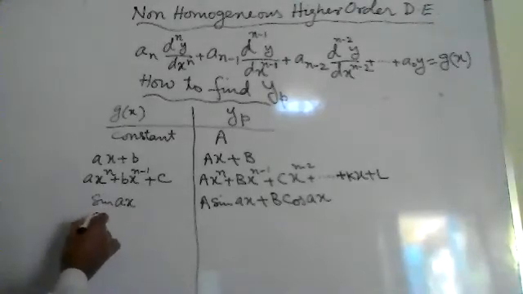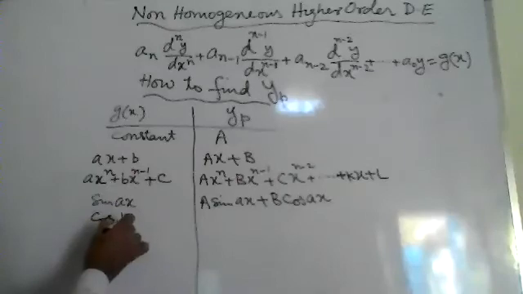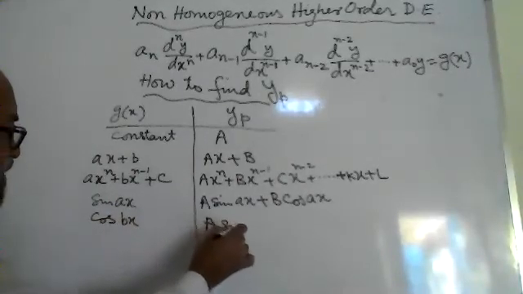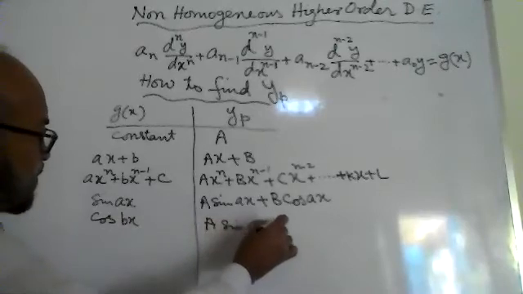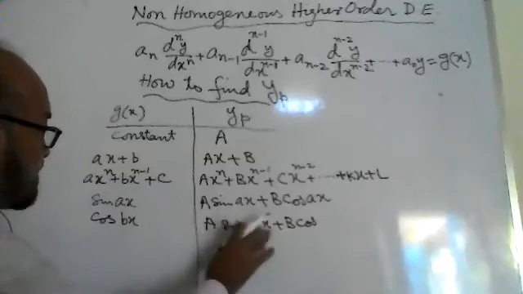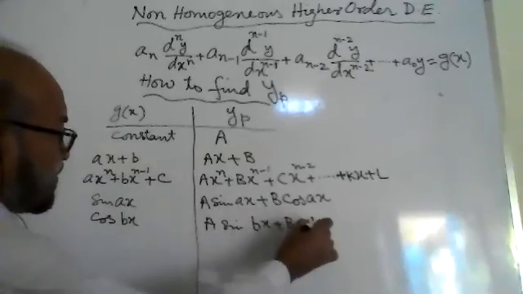In the same way, if it is cos bx, again we will take A sine bx plus B cos bx.